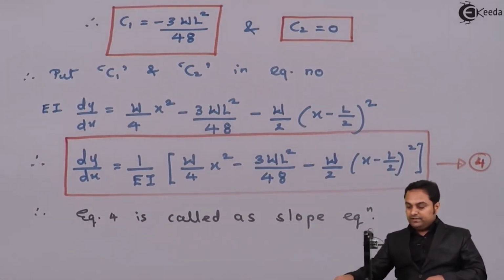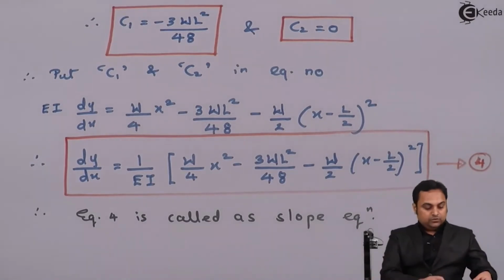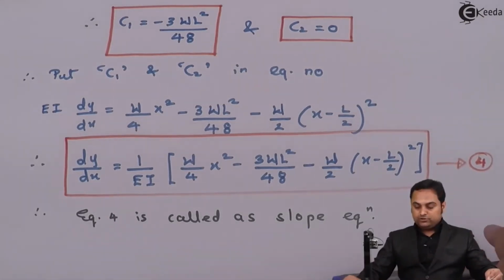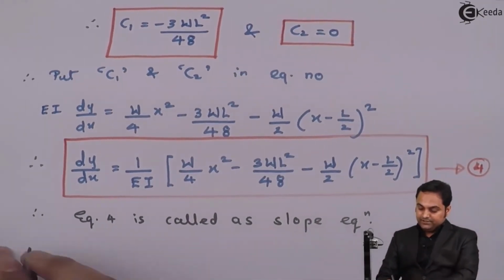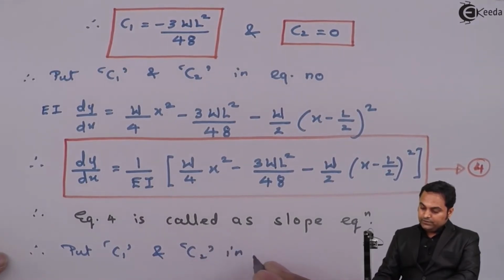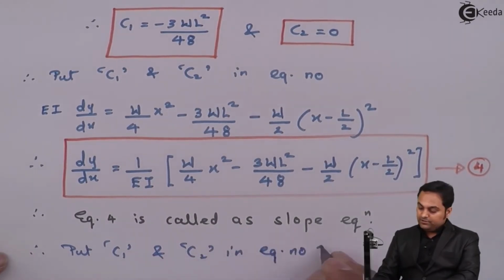Similarly, I'll say that therefore put C1 and C2 values in equation number 3. So after reaching up to the slope equation, put C1 and C2 in equation number 3.